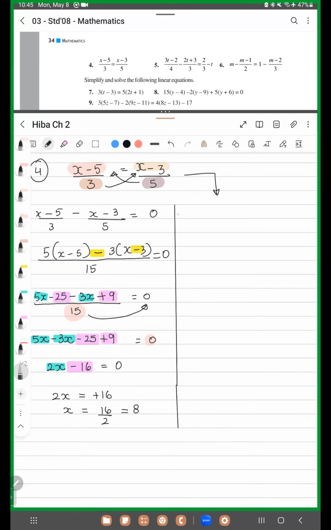How will that be? X minus 5 multiplied by 5, because यहाँ पे 5 divide हो रहा है तो यहाँ पे multiply हो जाएगा. ठीक है, and then is equal to x minus 3 multiplied by 3. Again because 3 is being divided here, तो यहाँ पे जाके multiply हो जाएगा.